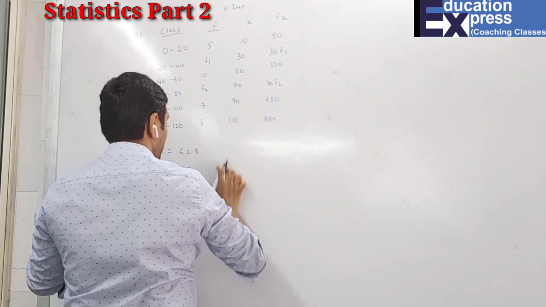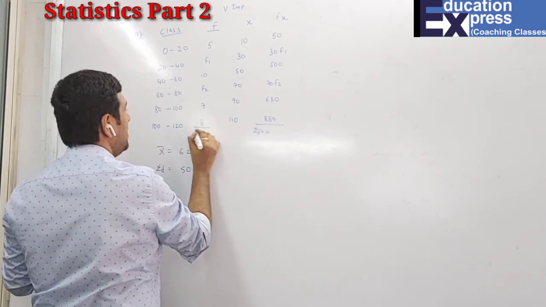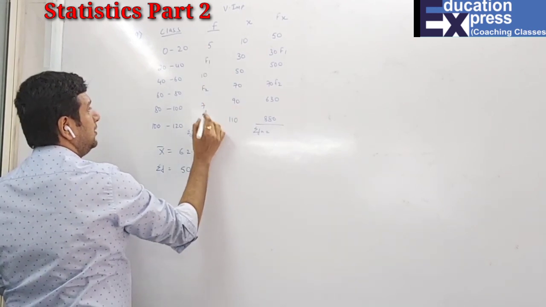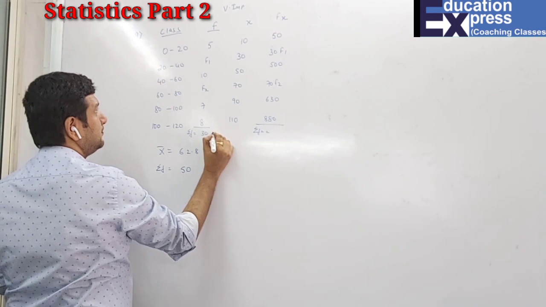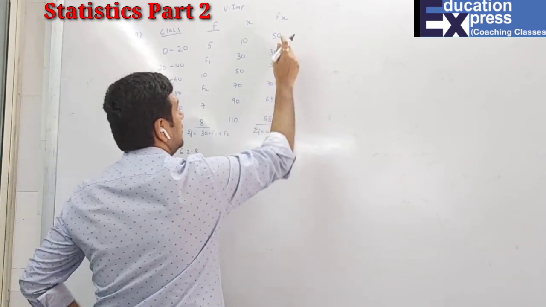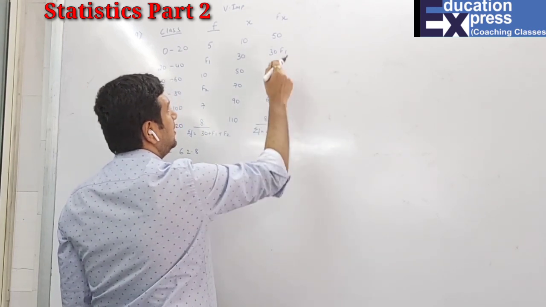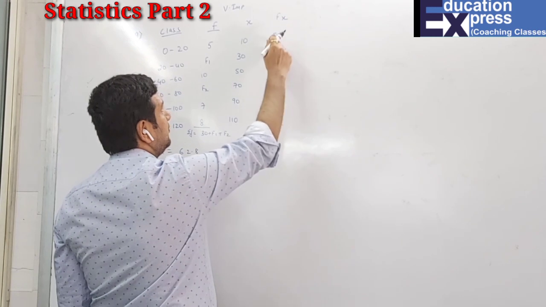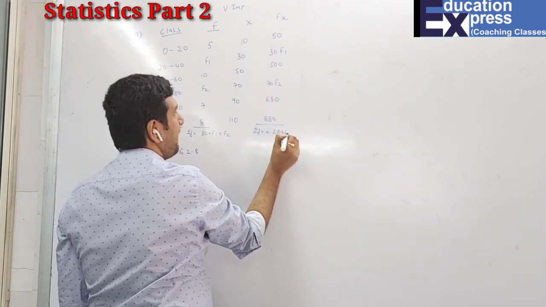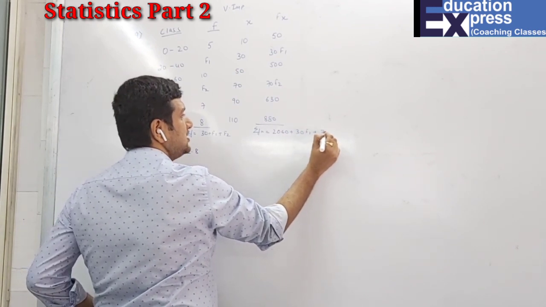Now your sigma fx and your sigma f: 5, 15, 20, 30 plus, and here 550, 1480, 1510, 1560 and 2060 plus 30 f1 plus 70 f2.